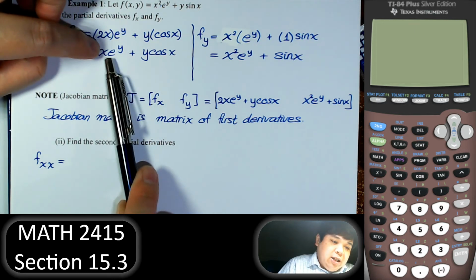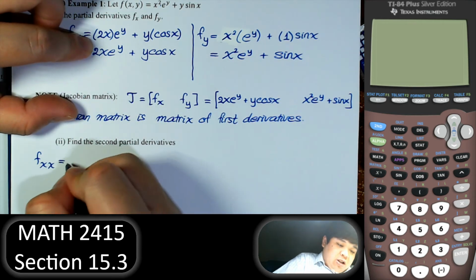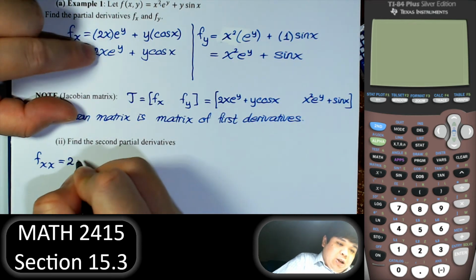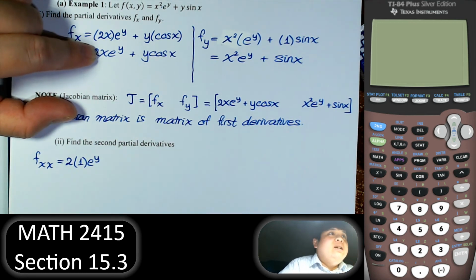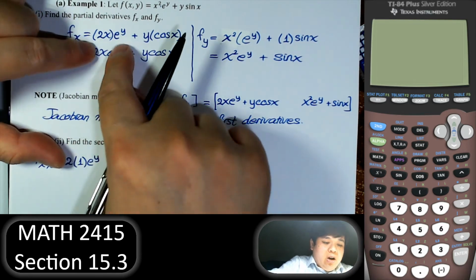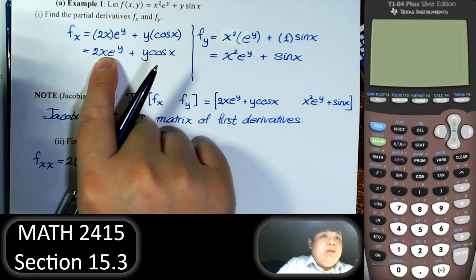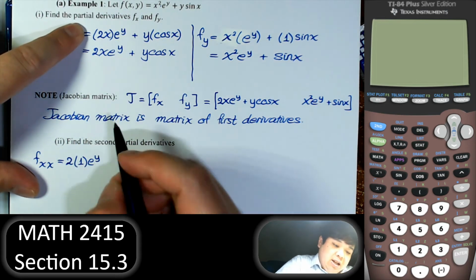With respect to x, once again there's only one x here, right? So the constant 2 will stay. Derivative of x is 1. The constant e to the y will stay. So that derivative with respect to x, constant will stay, constant will stay. Only one term has x in it. Take the derivative of that.